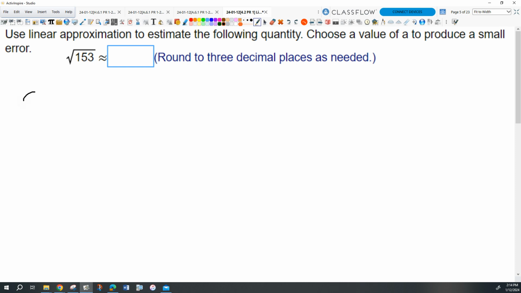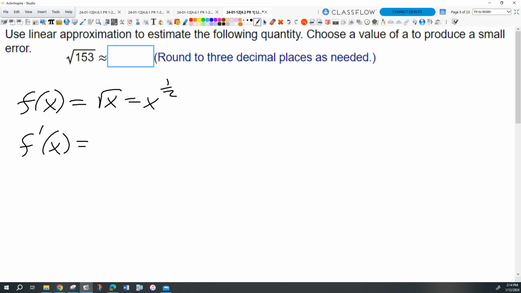We've got some function that we're working with. F of x is the square root of x, which is the same as x to the 1/2. That's an easy derivative for us to do. What's the derivative of square root of x? 1/2 x to the negative 1/2. Okay, so yeah, 1/2 times the square root of x, right? 1/2 x to the minus 1/2.